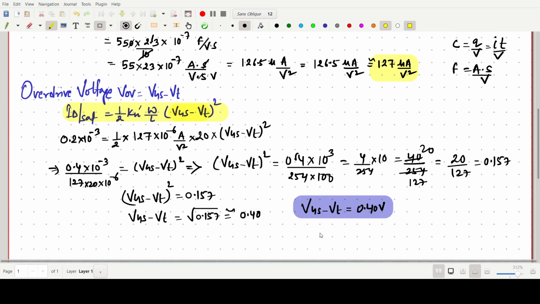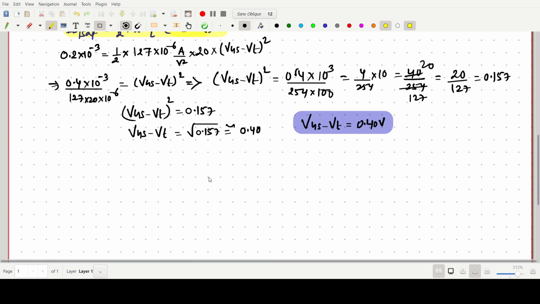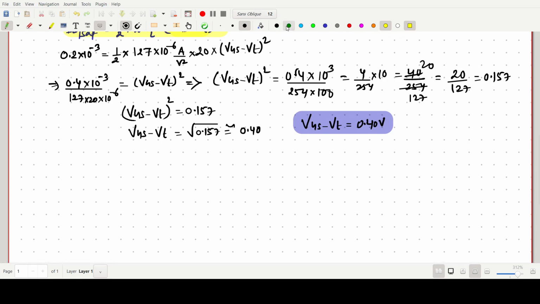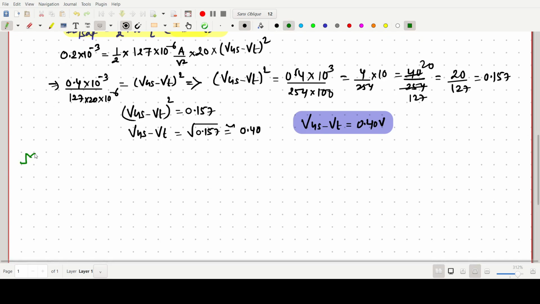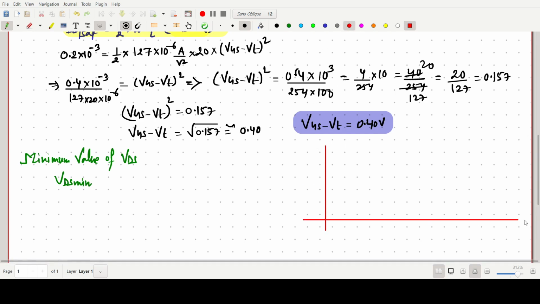Now one more thing, we have to find the minimum value of VDS. Okay, the last problem was the minimum value of VDS. Or in general we can say VDS for which the transistor is in the saturation region. So for this we have to be very careful about this diagram.